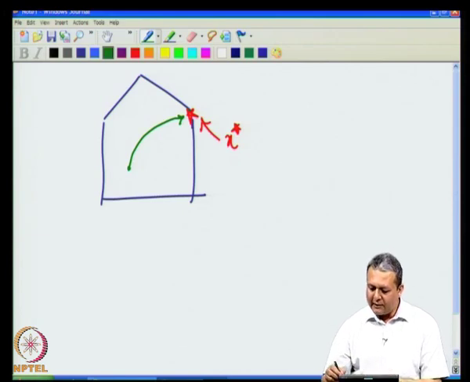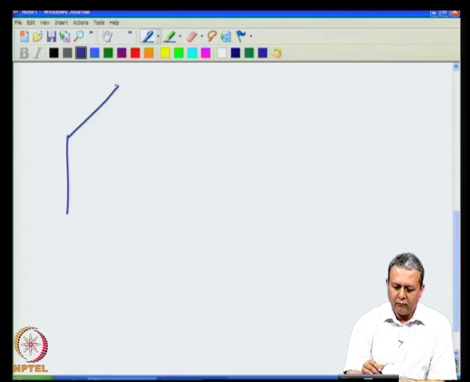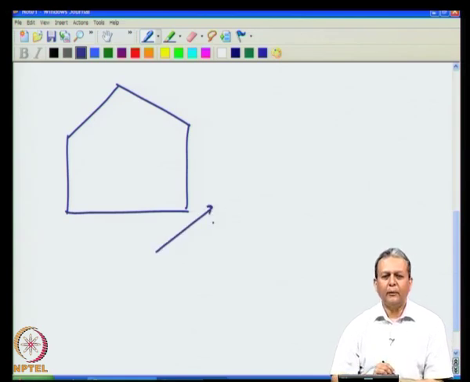One of the ideas was this: suppose this is the direction along which we want to move so that there is an improvement in the objective function.